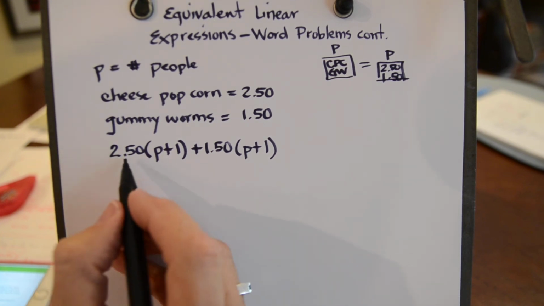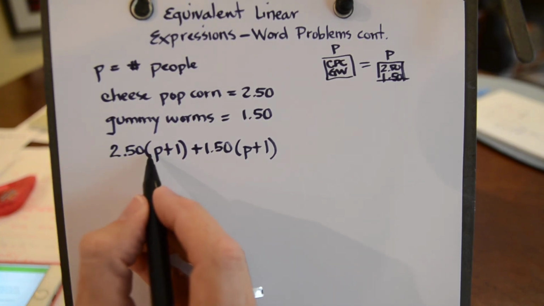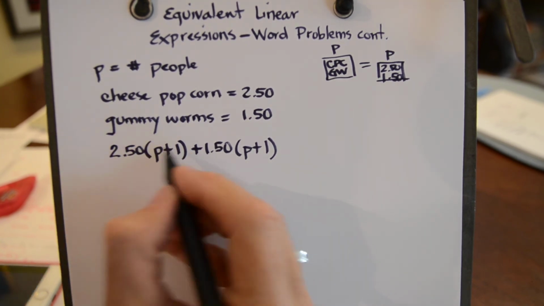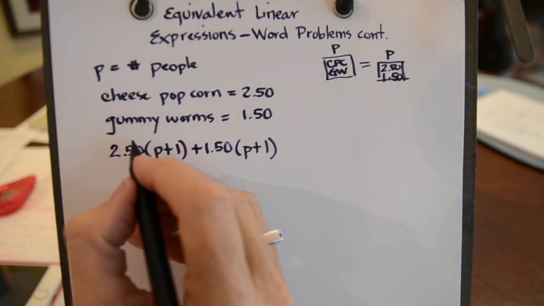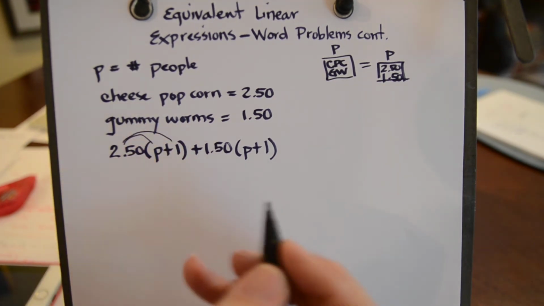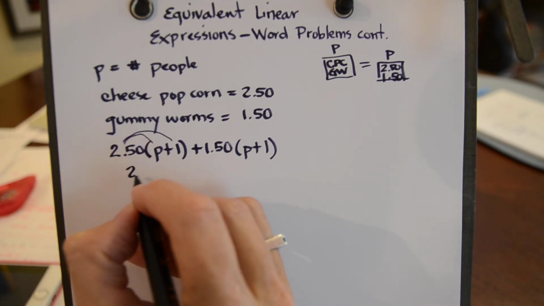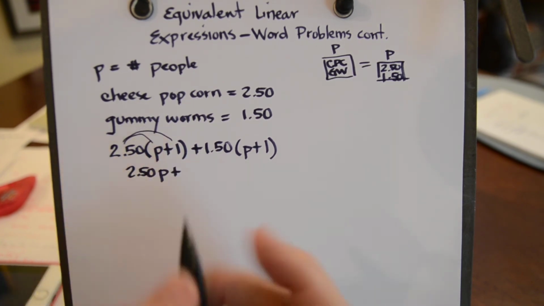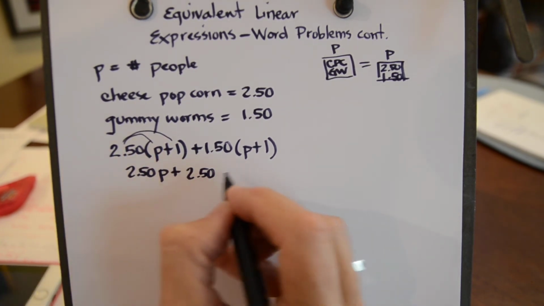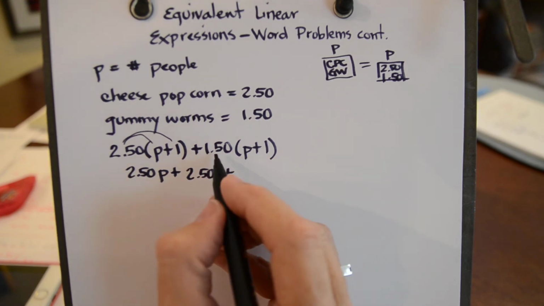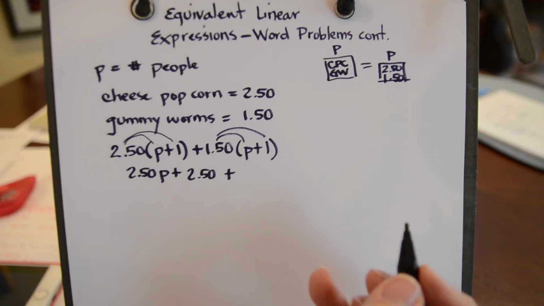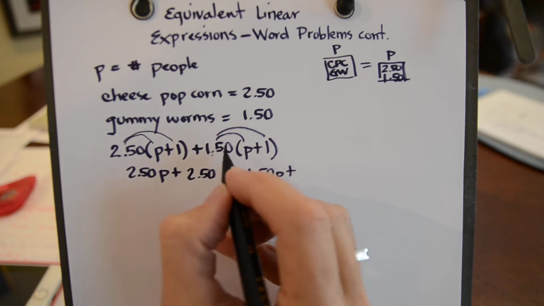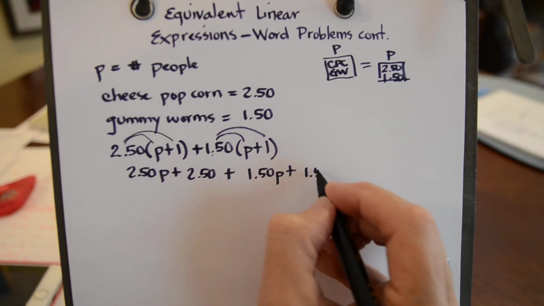Whenever you see a number on the outside of a parenthesis with addition or multiplication going on inside, go ahead and distribute. So 2.50 times P is 2.50P, plus 2.50 times 1, which is 2.50. Then I'm adding, and I'll do the same distributive property: 1.50 times P is 1.50P, plus 1.50 times 1 is 1.50.